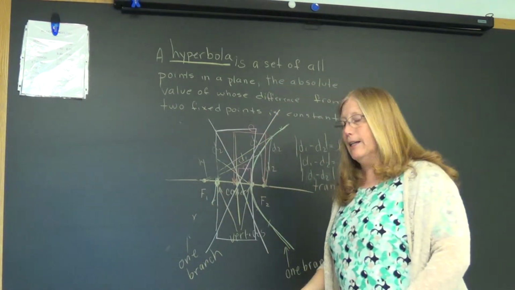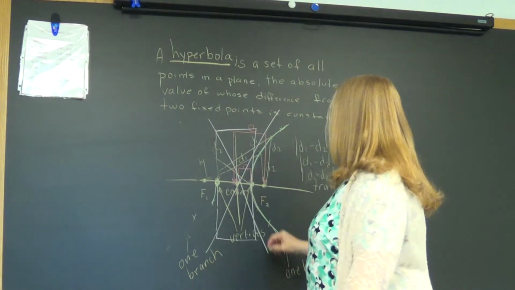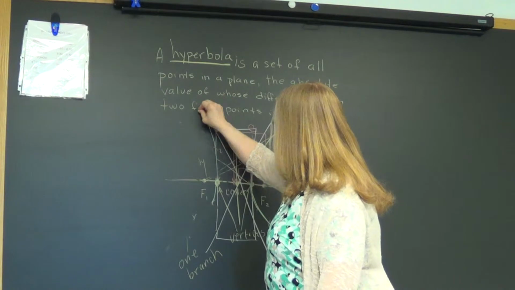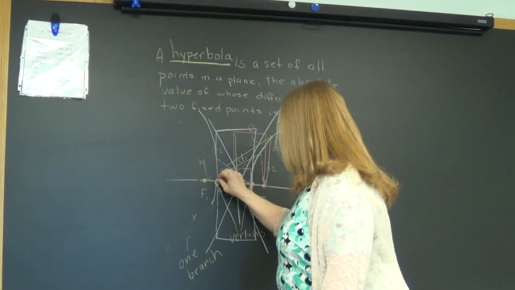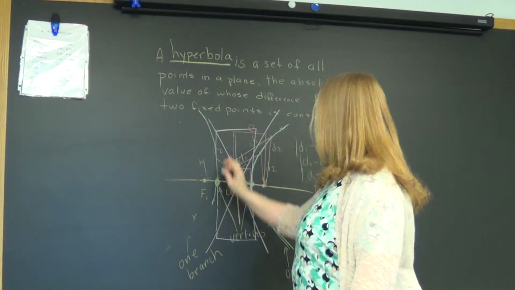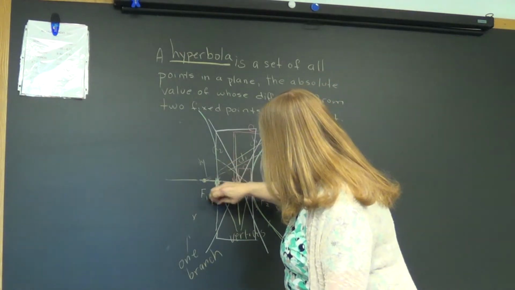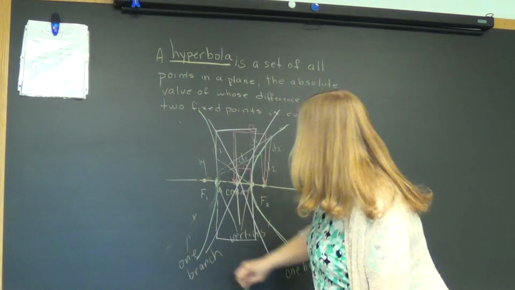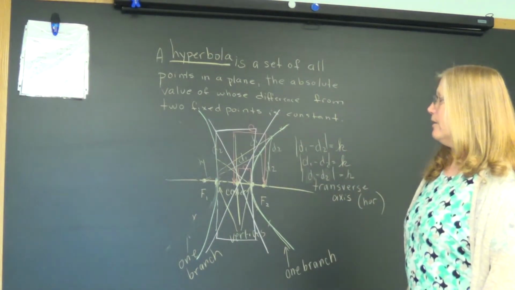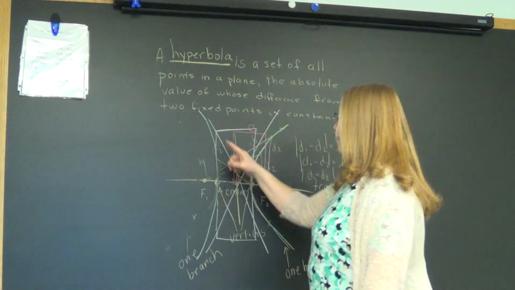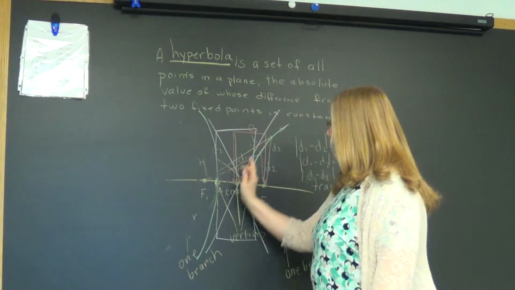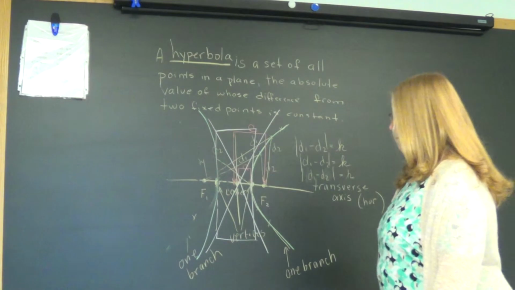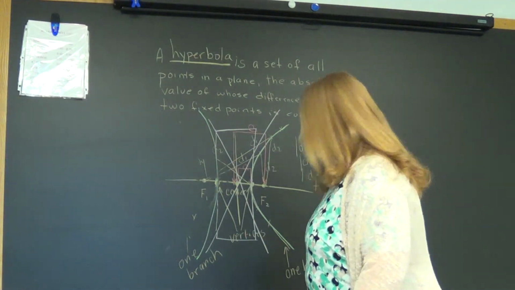The bend of my branches isn't right. So it's going to go through the vertex, but it's going to get ever closer to the asymptote. That is what bounds this branch of the hyperbola. So we'll always get closer but never touch or cross these diagonals of my box, which are the asymptotes, the boundaries of the hyperbola.